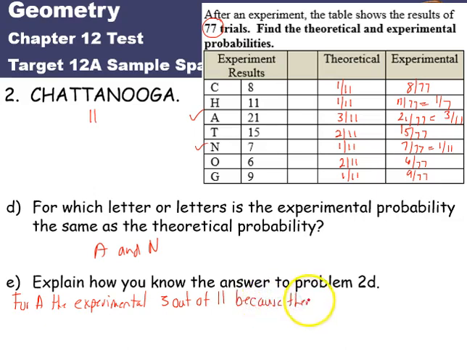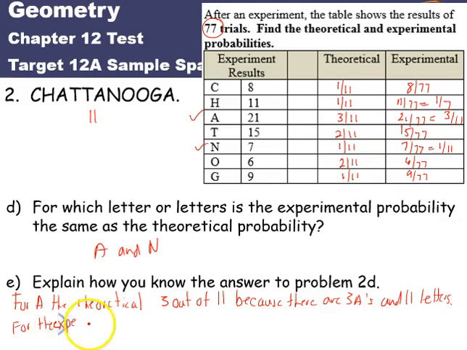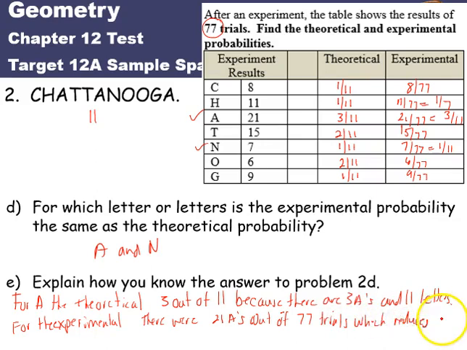For the experimental, there were 21 A's out of 77 trials, which reduces to 3/11.